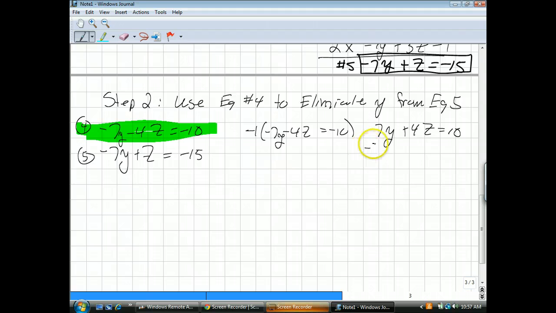And then I write equation 5 right underneath it. Now I add those together, and the y's add up to 0, so I get 5z equals negative 5. So z equals negative 1. This is equation number 6.